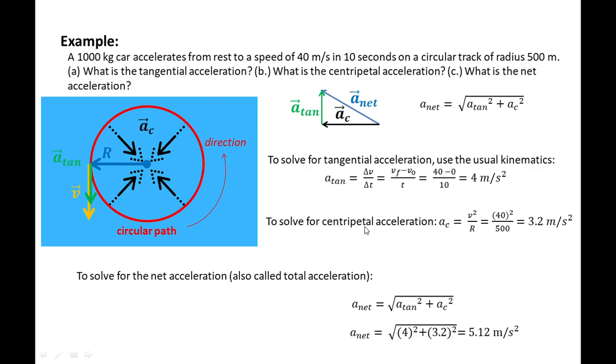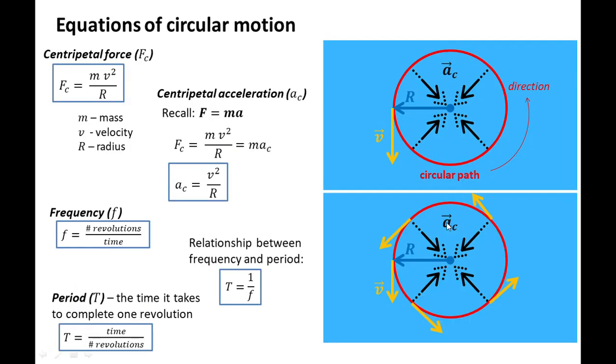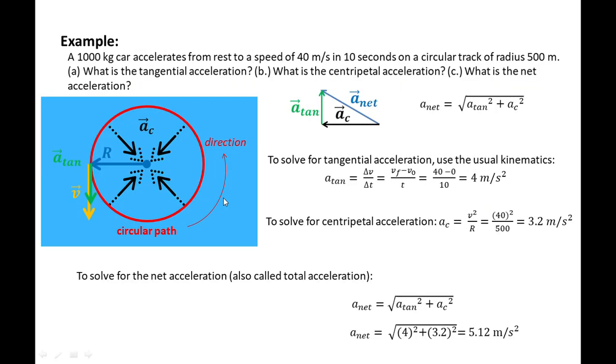Now to solve for the centripetal acceleration, all we have to do is to use our equation described before in the previous slide here. So this is how we calculate for the centripetal acceleration. So our centripetal acceleration is just equal to the velocity of the car during this moment, that is 40 meters per second, squared, divided by the radius of the circular path.